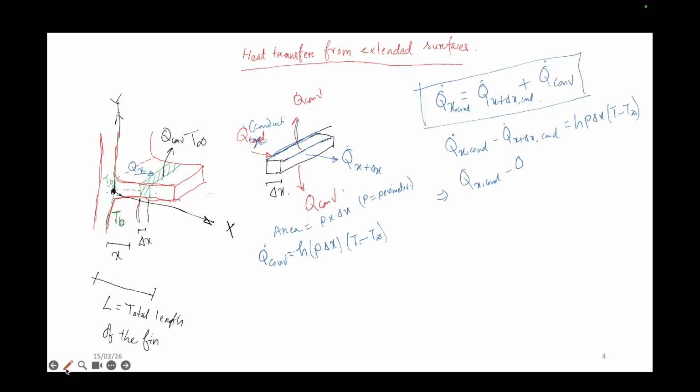just a minute, sorry, I have made a little mistake here. So can I write Qx plus del x conduction minus Qx conduction, taking this left side Q to the right side, equals h P into T minus T infinity, and I divide both sides by del x.